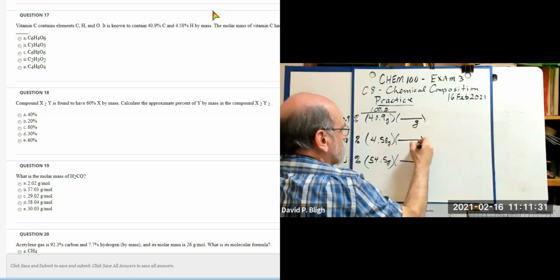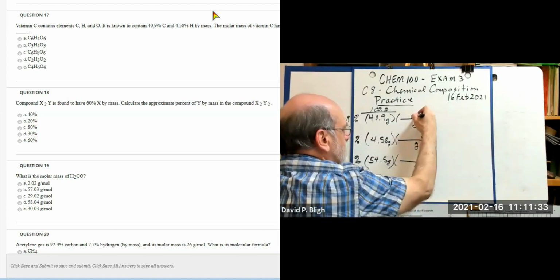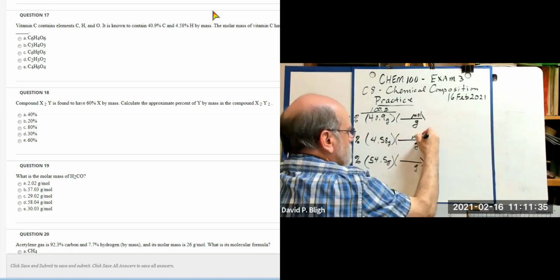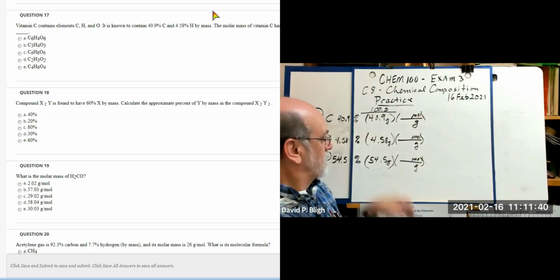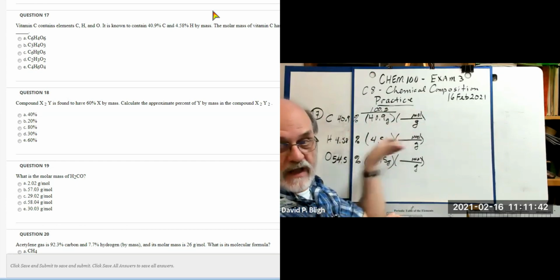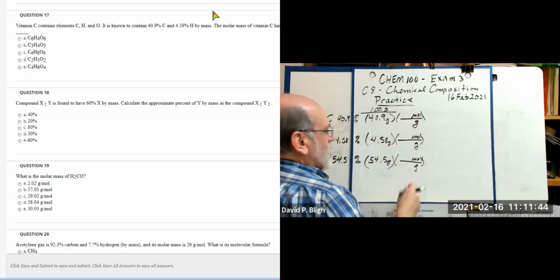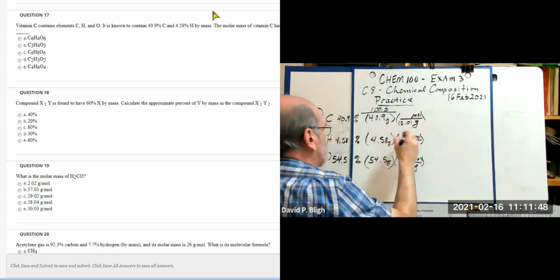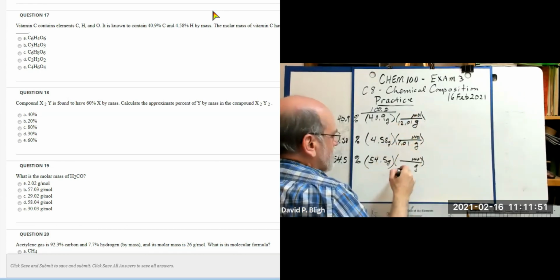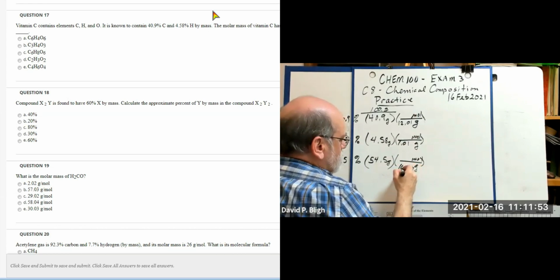So that's grams, grams, grams. Notice I've got an assembly line going here. Same thing, same operation, each one. And just fill in the different numbers here. 12.01 for carbon, 1.01 for hydrogen, 16 for oxygen.